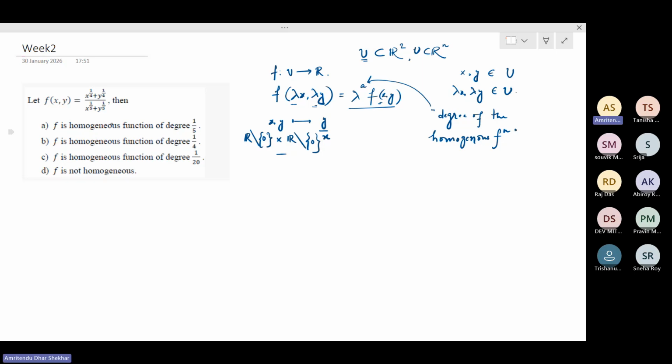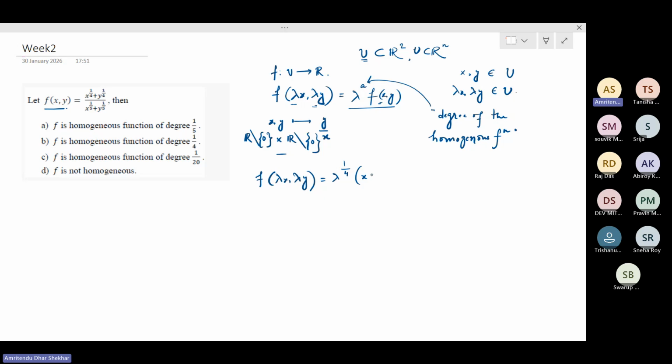So now, if you look at a particular example like this, it is fairly easy to solve. You just have to plug in f of (lambda x, lambda y) in this function, which is something like lambda to the power 1 by 4 times x to the power 1 by 4 plus y to the power 1 by 4 over lambda to the power 1 by 5.